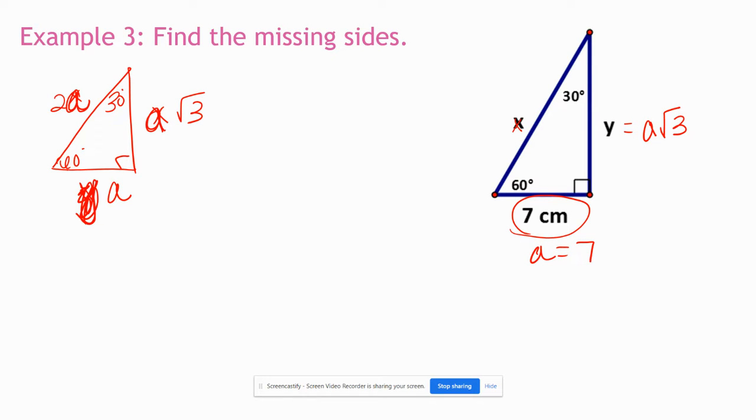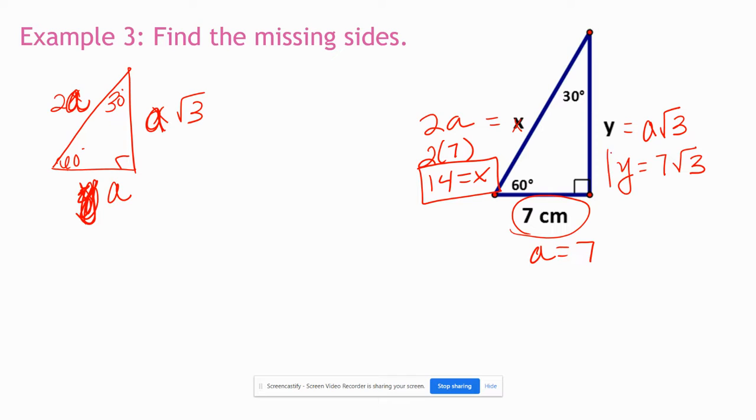Well, we just said that a is 7, so y is actually going to equal 7 square root of 3 when I plug in a, right? Across from 90 degrees is going to be the equation 2a. And again, a is 7, so 2 times 7 is going to be 14. So x equals 14 and y equals 7 square root of 3.